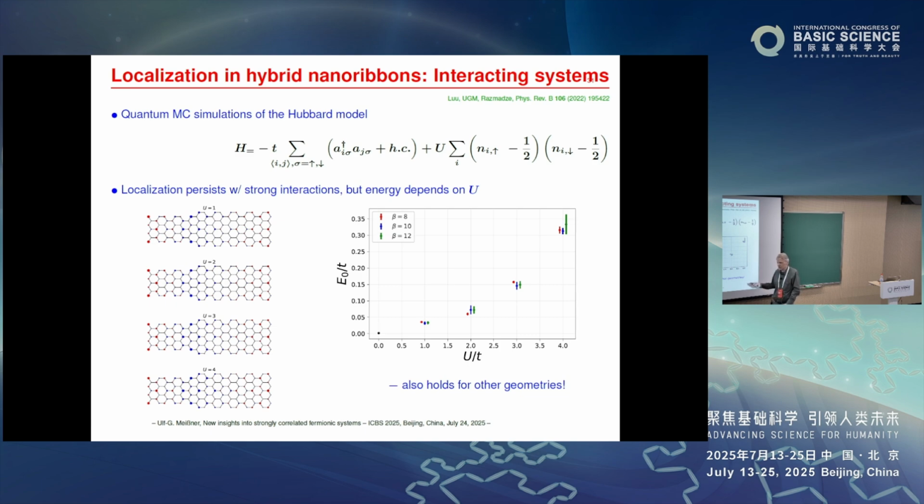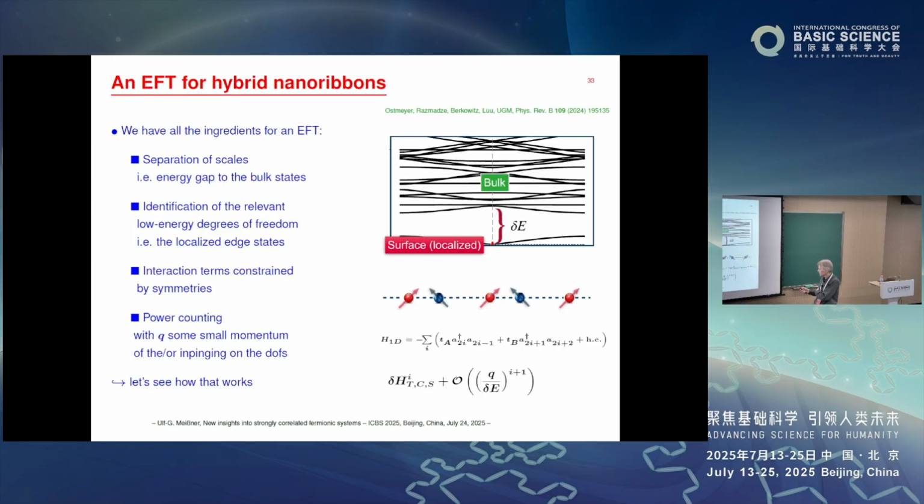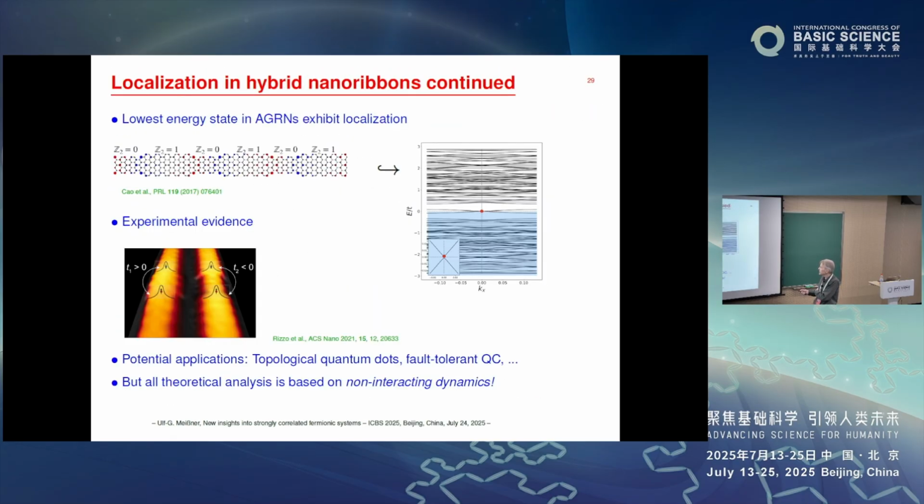This is the most simple model for these kind of systems, the standard model of condensed matter two-dimensional systems. And of course, as I've shown, these things can be fabricated, so you can really get such things fabricated in the lab.